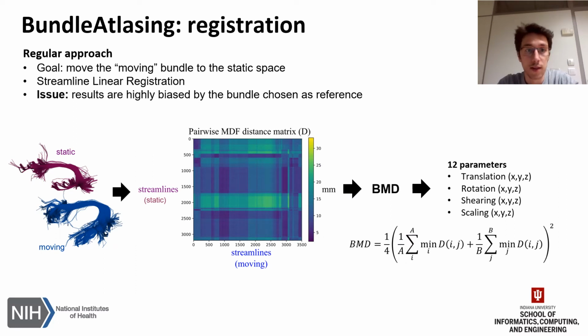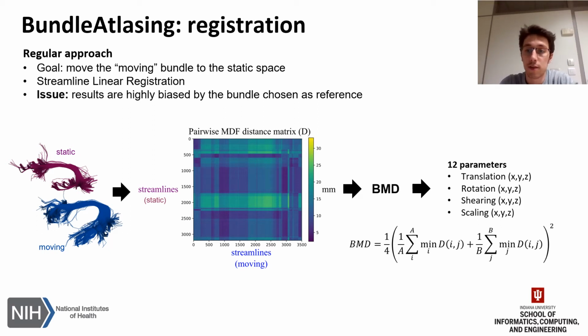So briefly, streamline linear registration is based on pairwise streamline distances, and how it works is that we have both bundles in native space, or not aligned, and we compute the distance between each streamline in the static bundle and each streamline in the moving bundle. So we create this distance matrix, and after that we summarize all the information in that matrix in what is called BMD, or bundle minimum distance, that basically takes into account all the minimum distances for each streamline in each row and column.